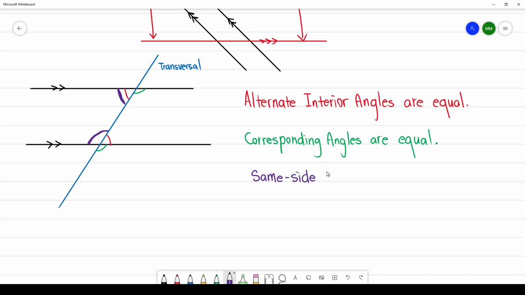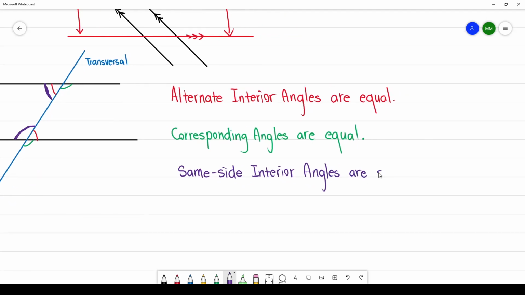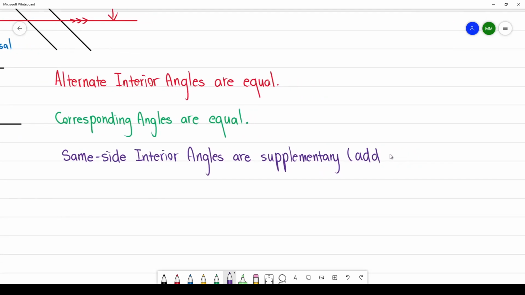Same side interior angles are supplementary, so they add up to 180 degrees.